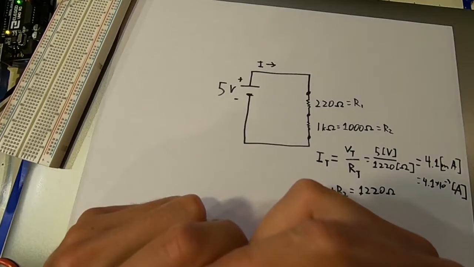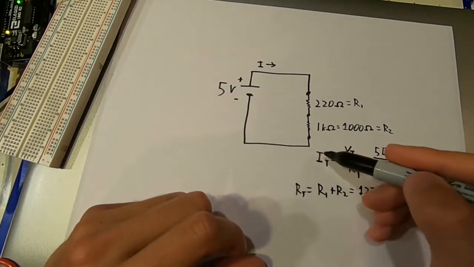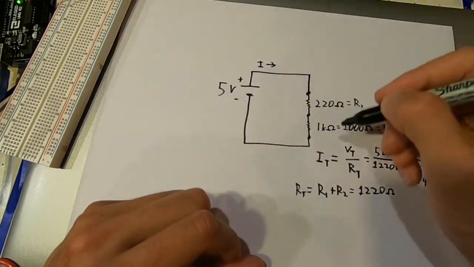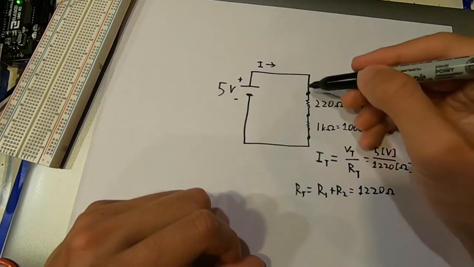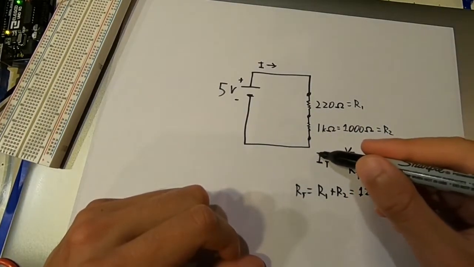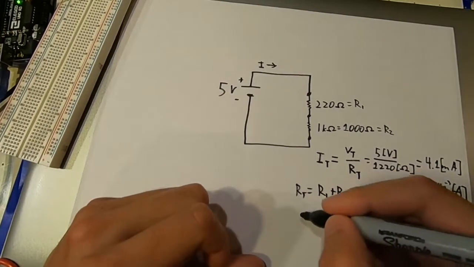What do we expect our voltages to be? So again, total current has to go through both of these resistors. So the current going through this resistor is going to be equal to this resistor. So we can just use the total current in our calculations.